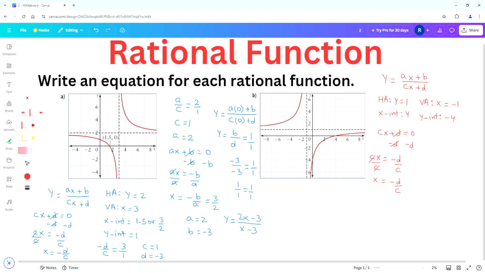I get x equals negative d over c. As per the graph, the vertical asymptote is at negative 1. The denominator of negative 1 is 1. So c can be equal to 1 and d is also equal to 1 because there is negative sign on both sides.